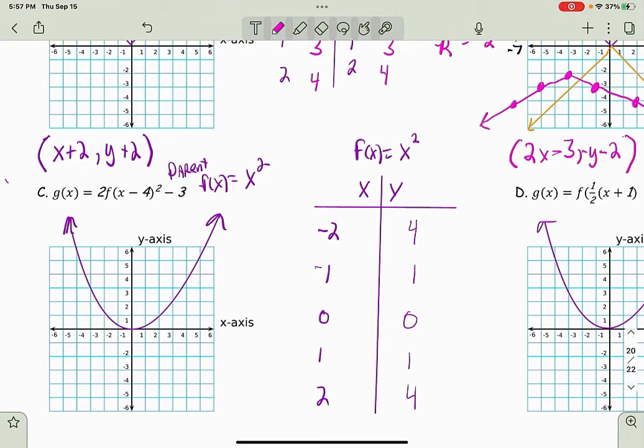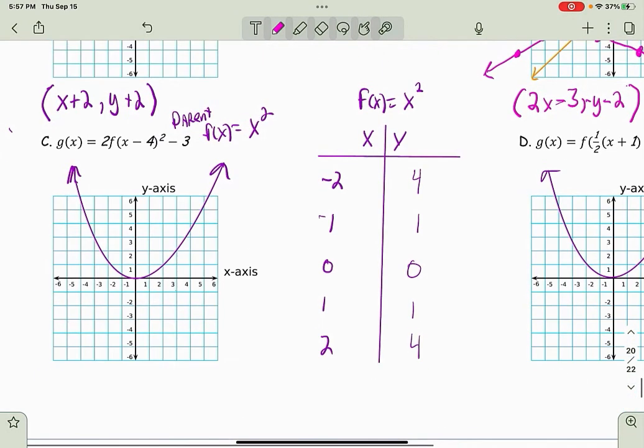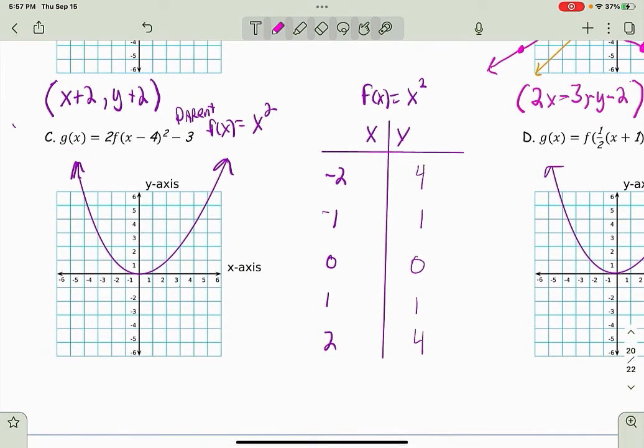So notice our parent function is f of x equals x squared, which I've graphed here in purple, and the table also reflects our parent function in purple, f of x equals x squared, that we'll use during our transformation. So let's go ahead and fill in our parameters. So we have a equals 2, which is going to be a vertical stretch.